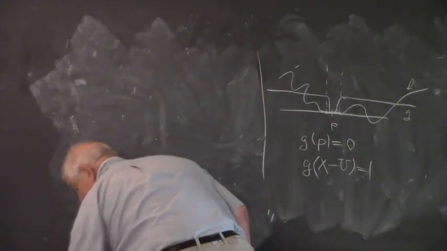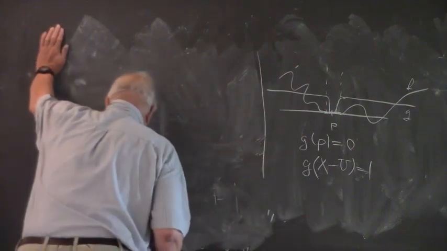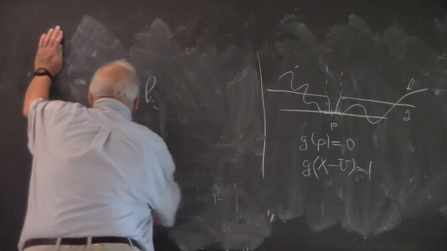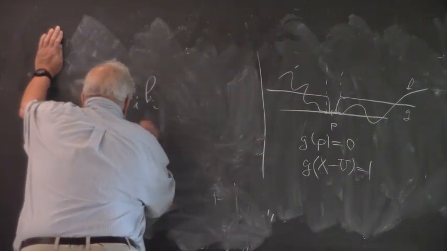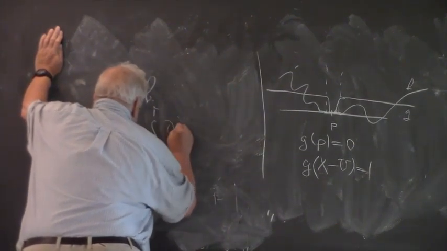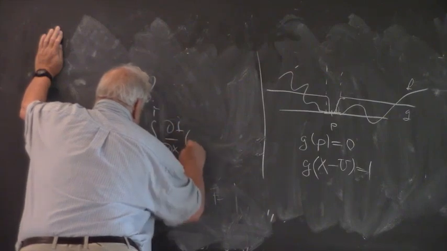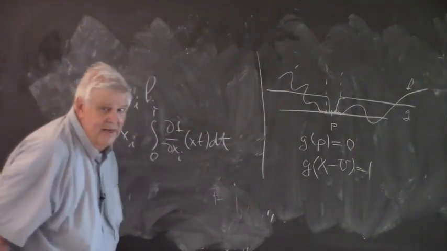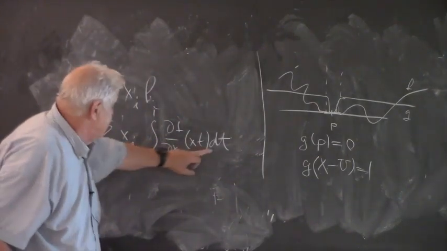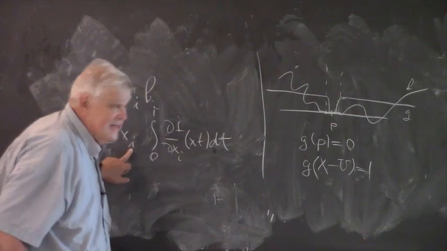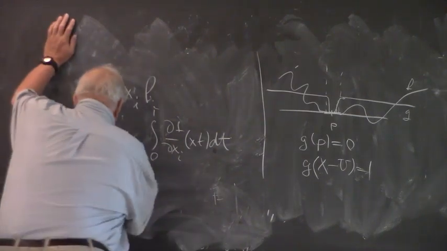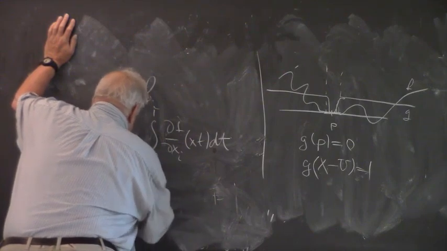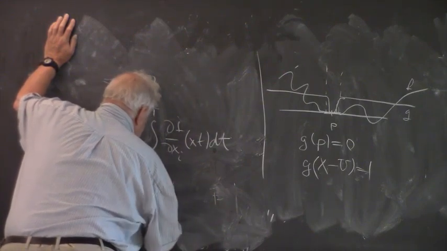So I write the sum of xi fi of x. This is an integral with respect to dt. xi doesn't depend on t, so this is the integral from 0 to 1 of the sum of xi times the partial derivative of f at tx.